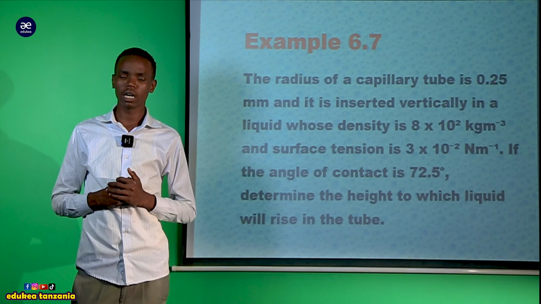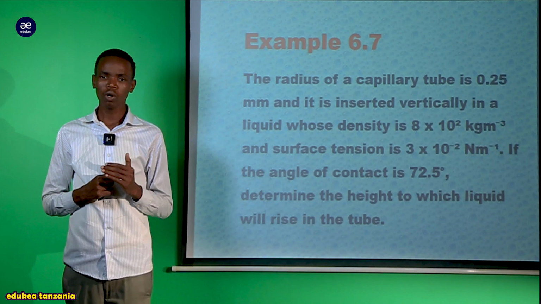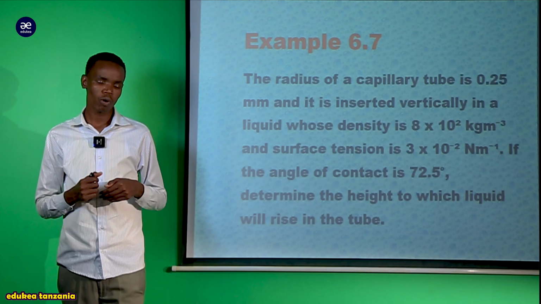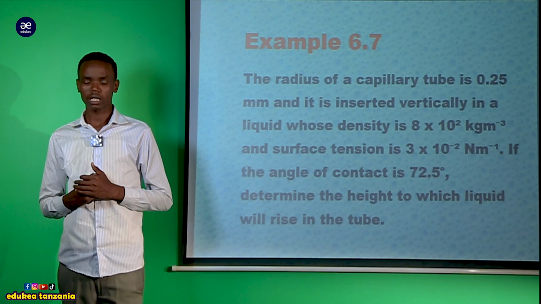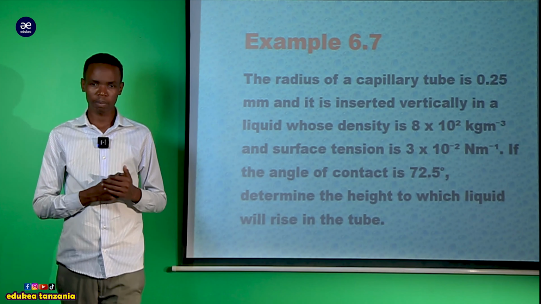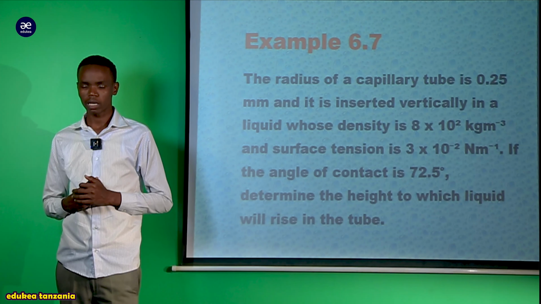Before we proceed here, we are supposed to know where we ended on the last session. On the last session, we tried to see how we can get the height of the capillary tube. We tried to derive several formulas.